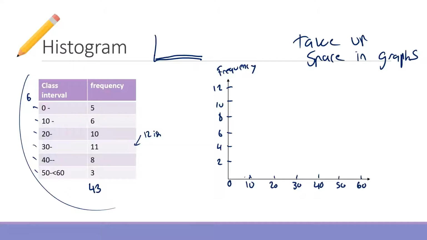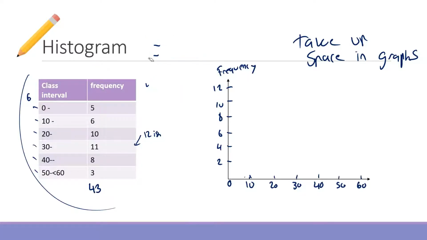Change your scale. Instead of going from 10, 20, 30, go instead by 2, 4, 6, and then that will make your graph a lot larger. And that occurs in the sciences as well. That occurs in physics and chemistry and biology as well. You need to make sure your graphs take up a lot of space. If you're cramming them into a small section, then you're probably not going to get your full marks.